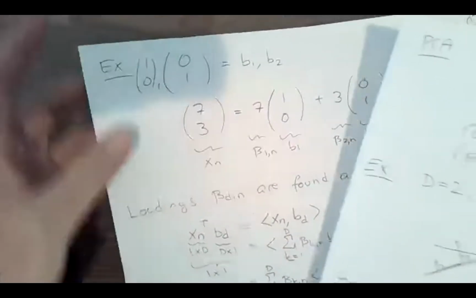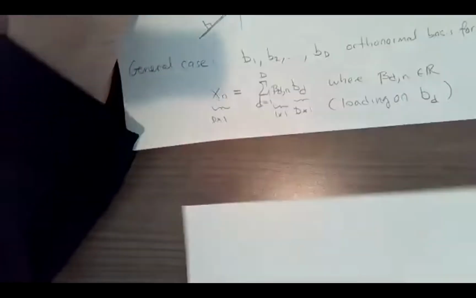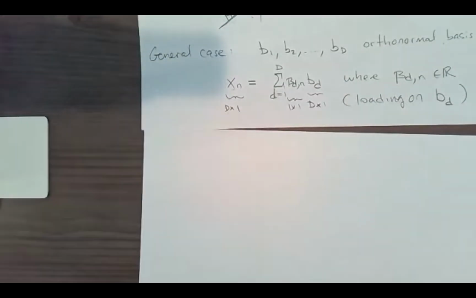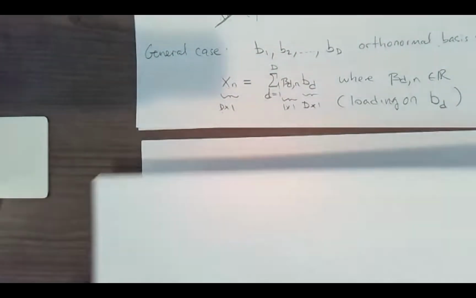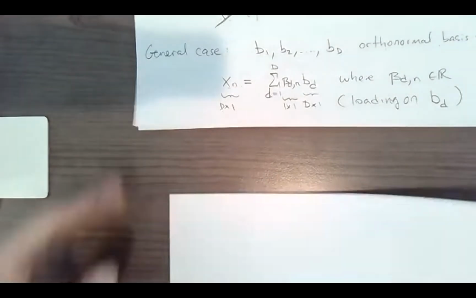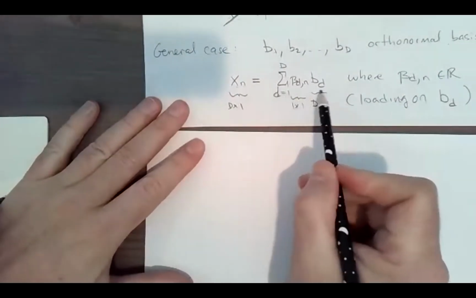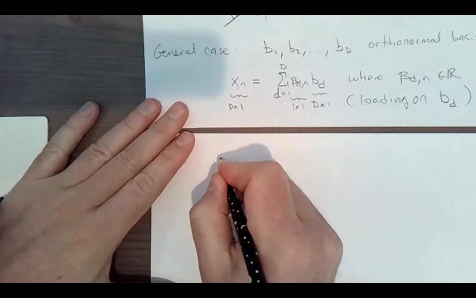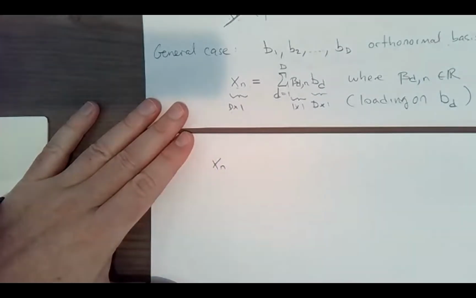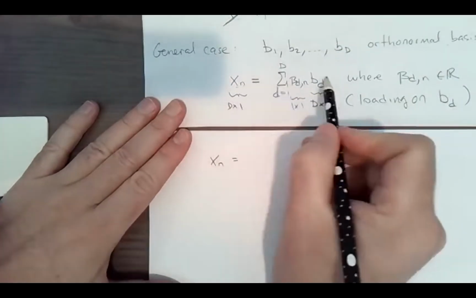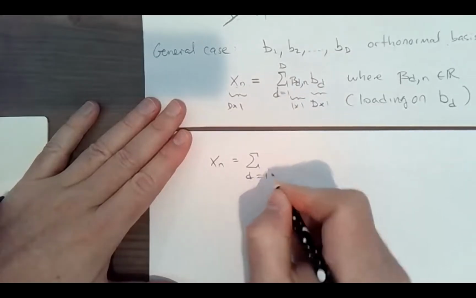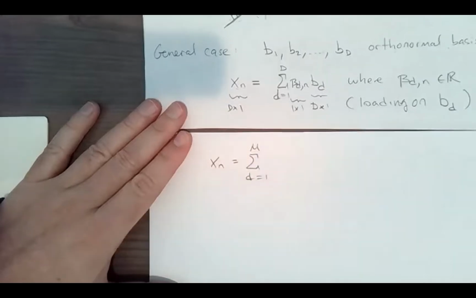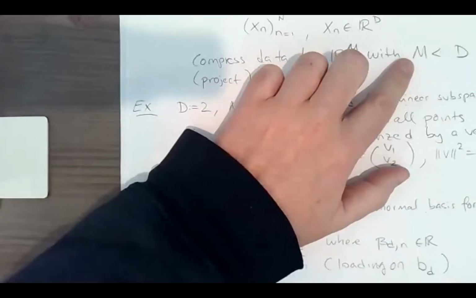Okay, so how do we compress data? Well, we have this formula for my data. I can write it in terms of these basis elements. So I can write xn, if I break it up into two sums, d equals 1 to say m, because I want to get it onto a smaller space.